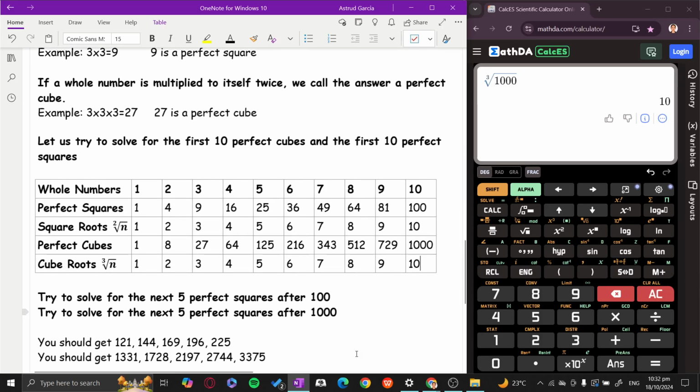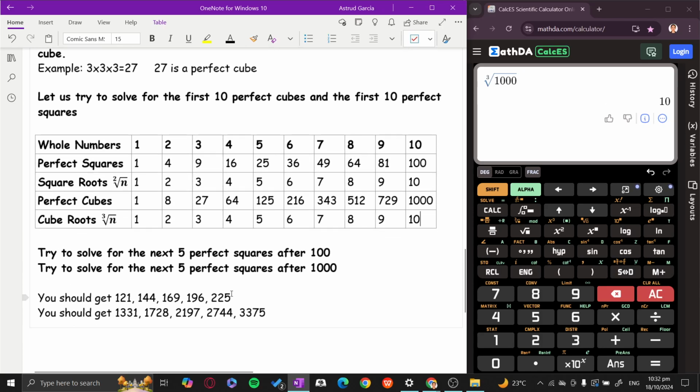The answers you should get are these. Sorry, this is for the perfect squares, and this is for the perfect cubes. The answers are here, but I want you to figure out how we got these answers.